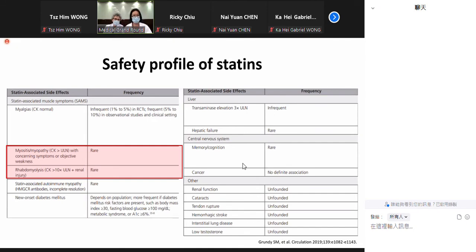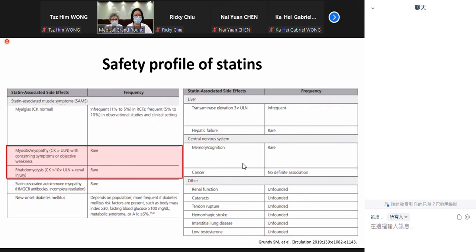So this actually occurs in a whole range. This ranges from just myalgia, where people have a normal CK or creatine kinase. This is actually very infrequently reported in RCTs, but in clinical settings, I think probably approximately 5 to 10% of patients would report some kind of muscle symptom, but don't necessarily have a raised CK.